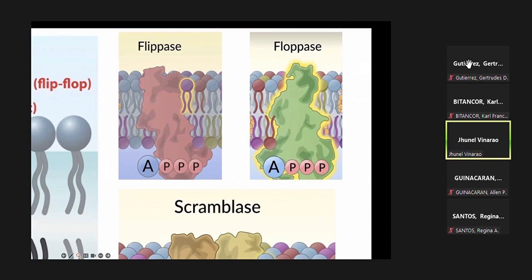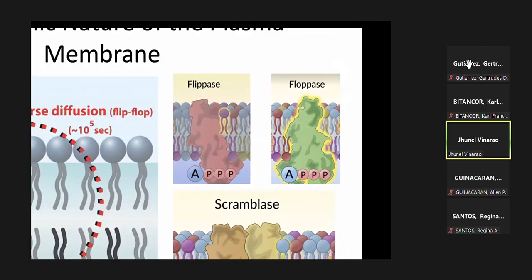And to balance things out, this flippase and floppase increases asymmetry o yung differences ng cytosolic and non-cytosolic monolayer.